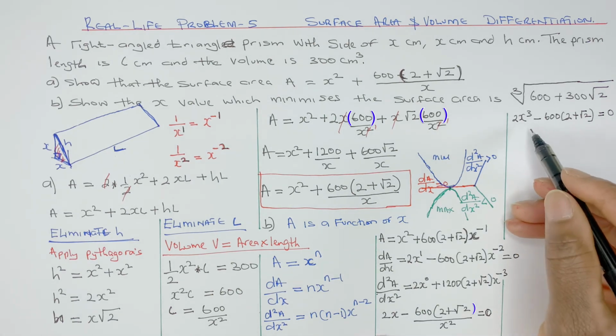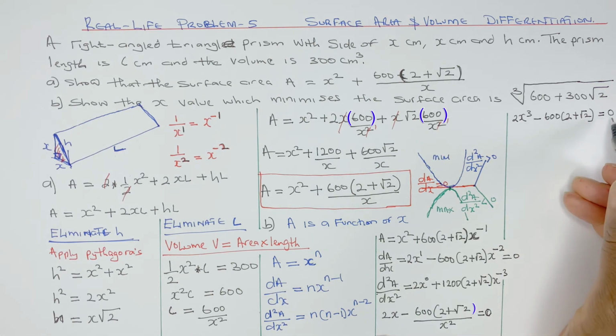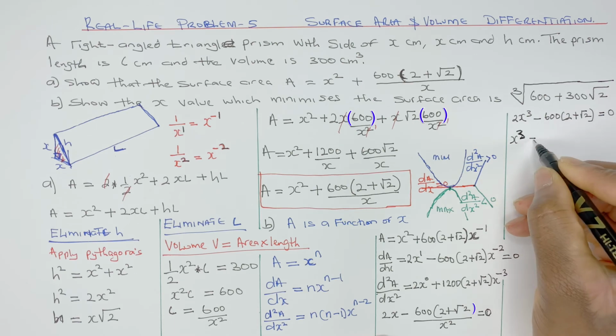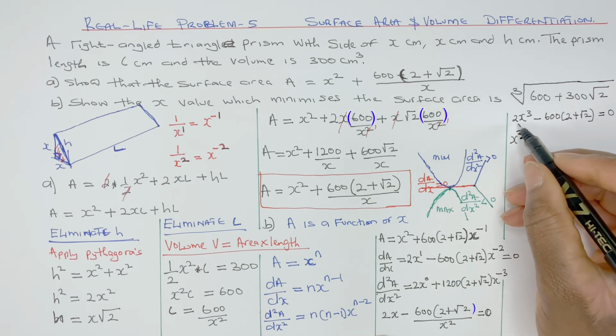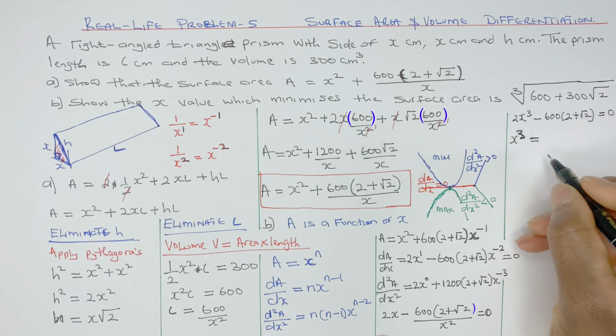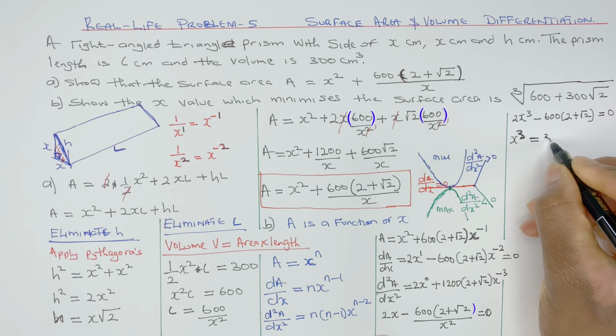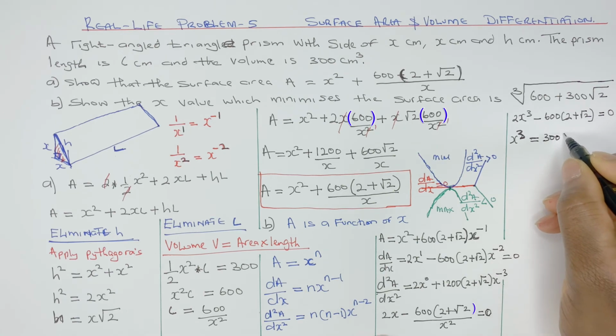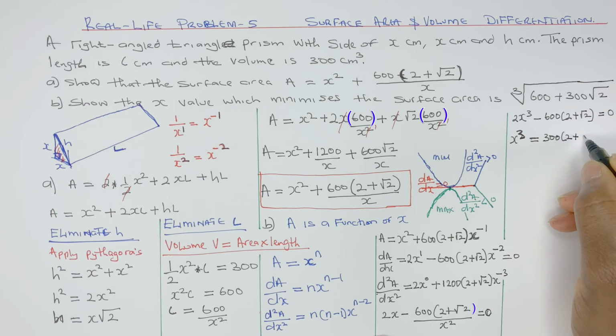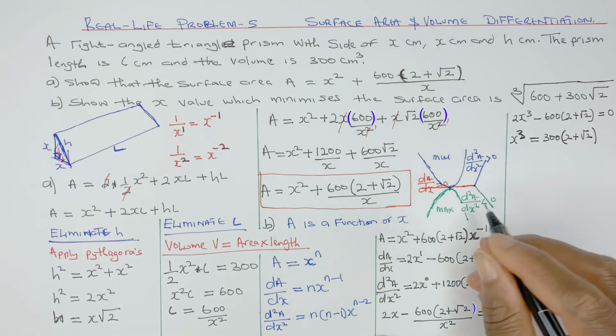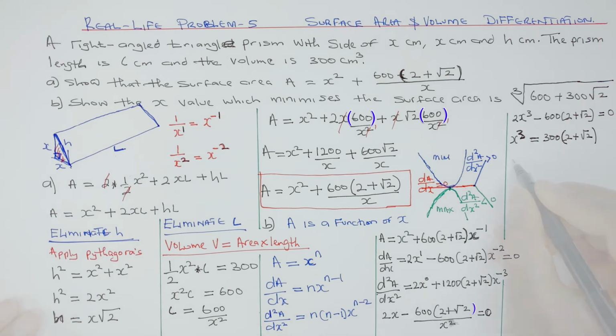Now what I need to do is move that to the right hand side. x cubed will be equal to, I'm going to divide 600 by 2, so x cubed is going to be 300 open bracket 2 plus root 2 close bracket.